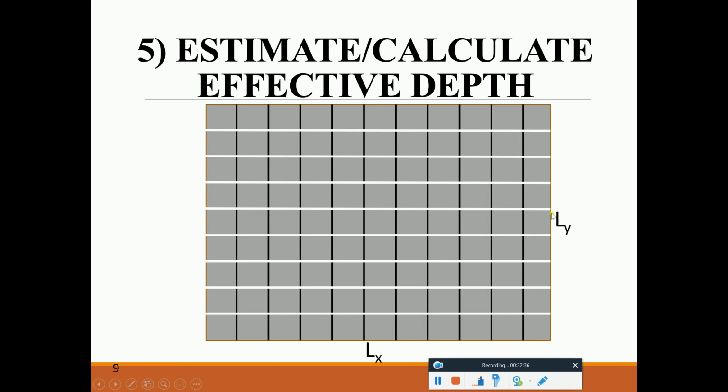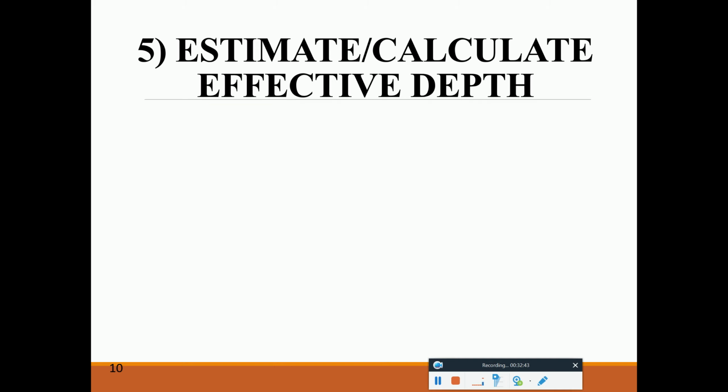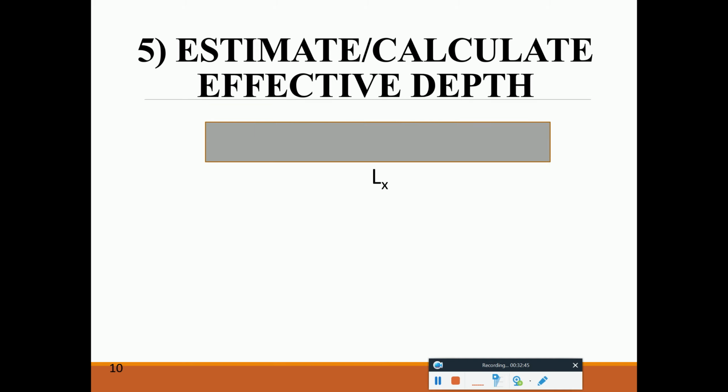Now if we are looking from the Lx direction, we can only visualize one bar in terms of x, because the other bars are behind this particular bar, they cannot be seen. And then we can see the bars which are parallel to y.